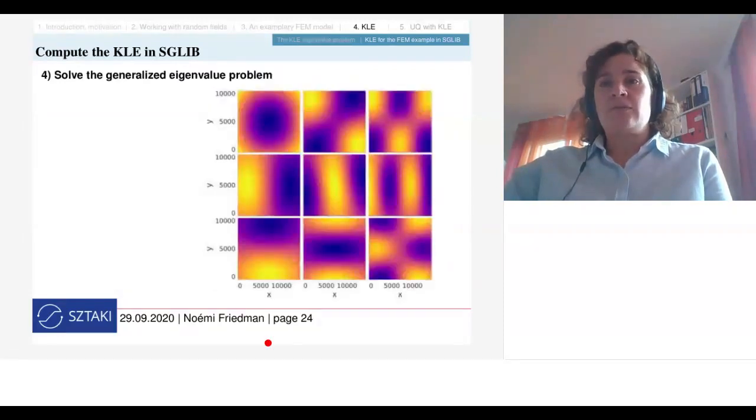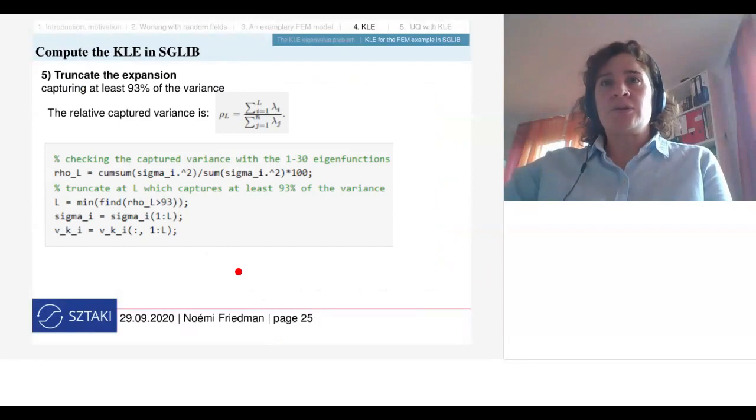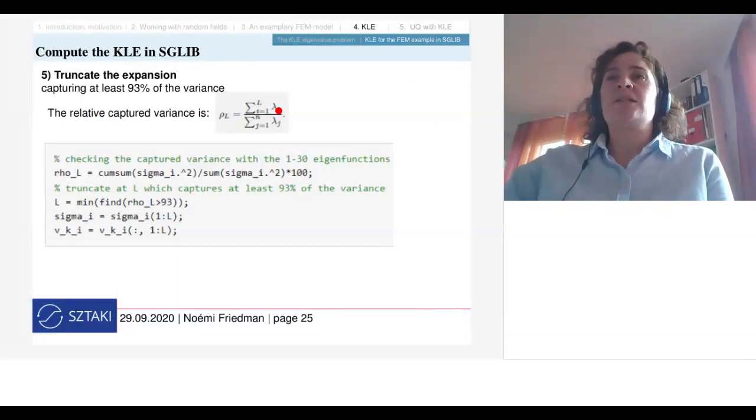So I solved the eigenvalue problem and saw the eigenbases, and now I truncate, and I can compute the captured variance of the random field. This is computed by summing up the eigenvalues, which is computed right here, multiplied by 100, so this is in percentage.